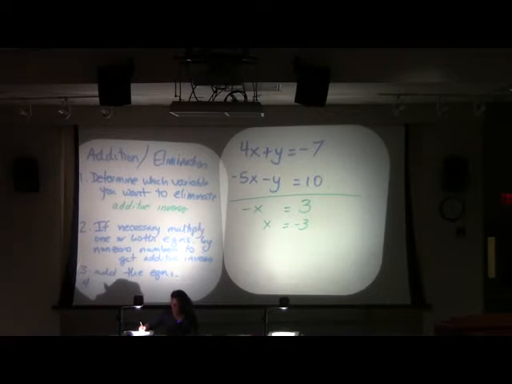So my step 4 then is to substitute the value from step 3 into either equation to get the other variable.